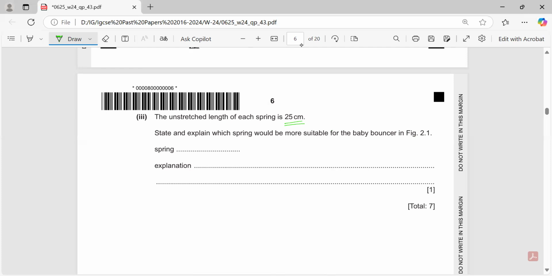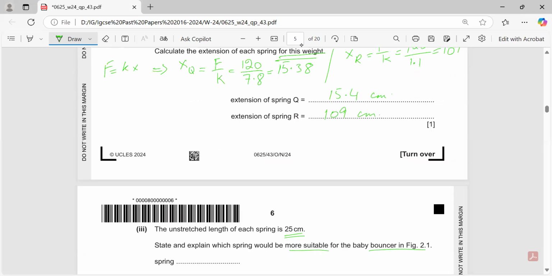The maximum stretched length of each spring is 100 centimeters. State and explain which spring would be more suitable for the baby bouncer in figure 2.1. Wait a minute.